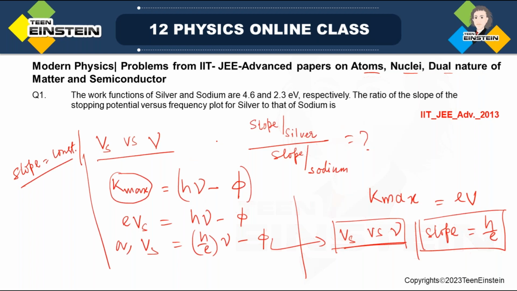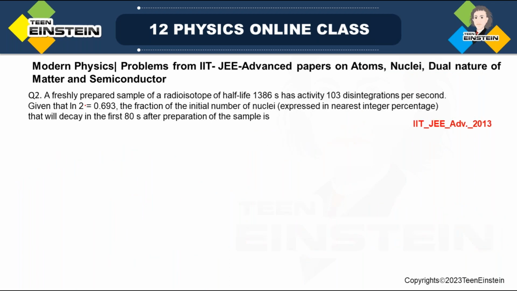So we can write the answer to be 1: the slope for silver to the slope for sodium are actually equal, so this will be 1. This is a problem from the photoelectric effect, and it was from the JEE Advanced 2013 paper. We'll go to the next problem.